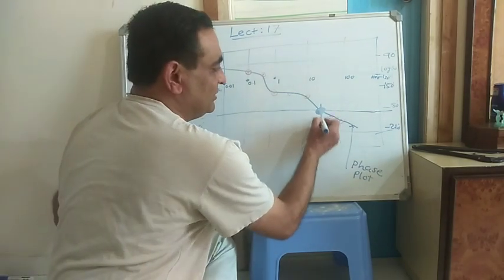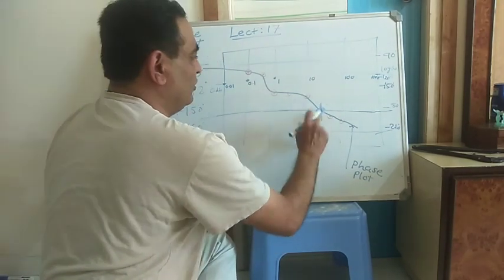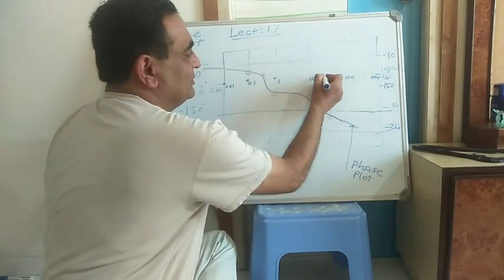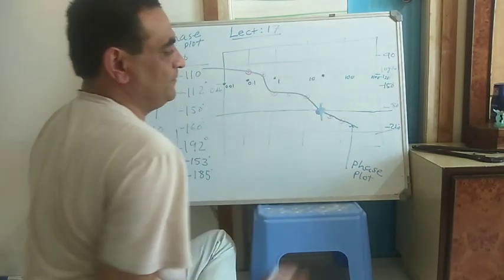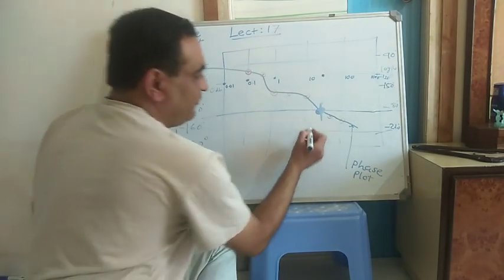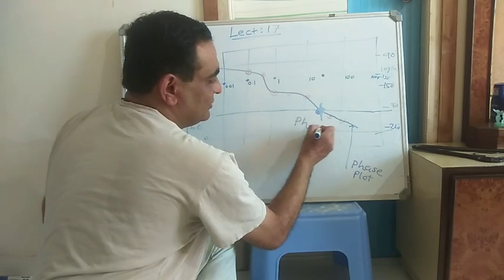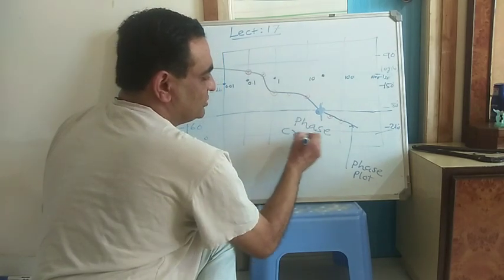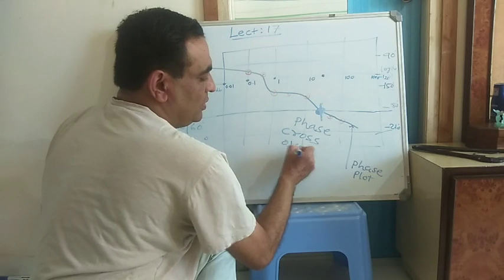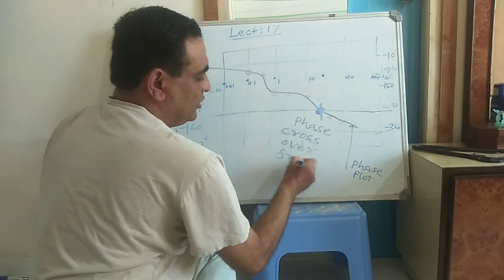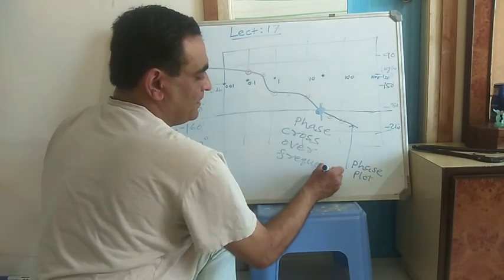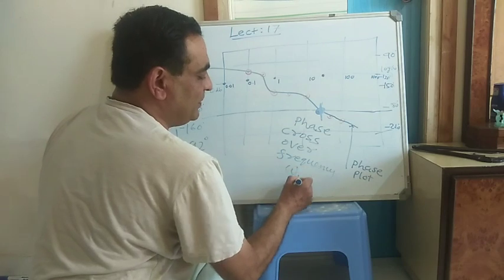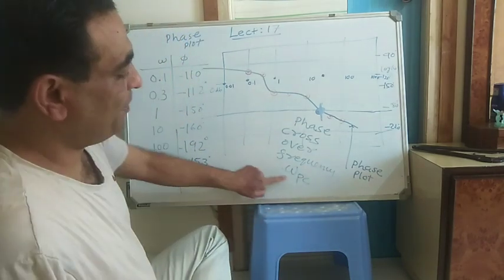This frequency, omega, is known as phase crossover frequency, which is known as omega PC.